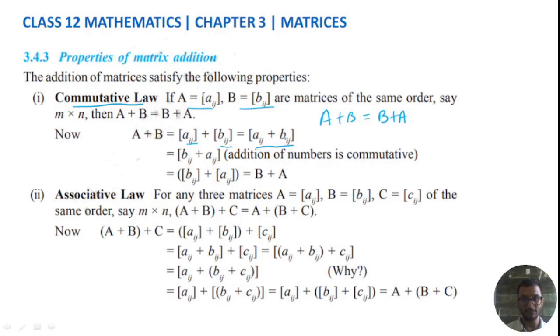As numbers are commutative, it doesn't matter whether you write Bij first or Aij first. So Bij plus Aij. Now this is by the definition of matrix addition, the addition of matrix B plus matrix A. What will be matrix B plus matrix A? It will be Bij plus Aij, because the element of B is of type Bij and the element of A is of type Aij. So it will be B plus A.